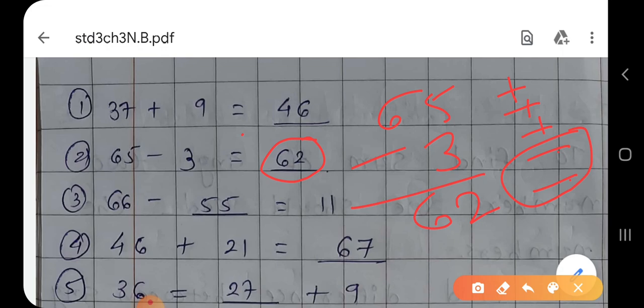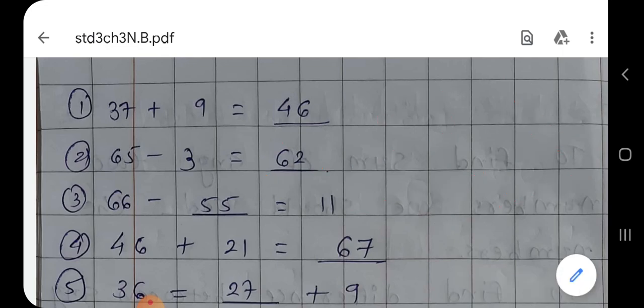Third number, 66 minus 55. 6 minus 5. So 1, 2, 3, 4, 5 and 6, minus 5. So subtract 5 from 6: 1, 2, 3, 4 and 5.